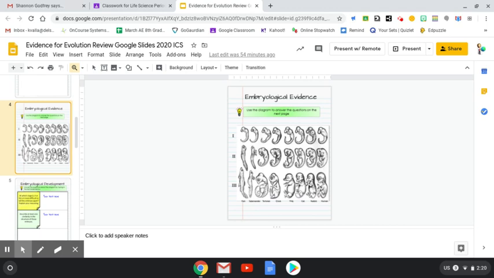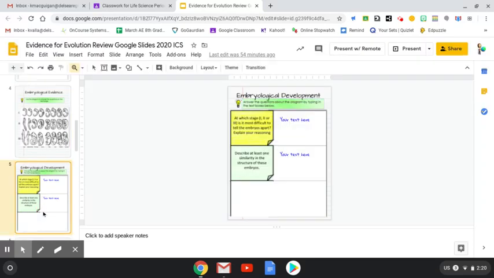That's how the embryos develop early in the mom. If you look at that picture right here, you'll answer these questions. At which stage, 1, 2, or 3, is it most difficult to tell the embryos apart? Explain your reasoning. Stage 1 is the one up at the top, the middle is 2, and stage 3 is down at the bottom, and they're rows. So going across, which stage is most difficult to tell apart?